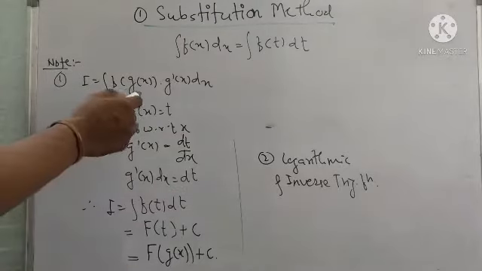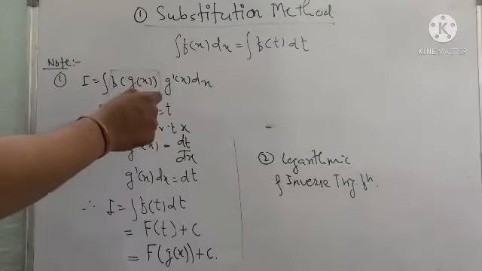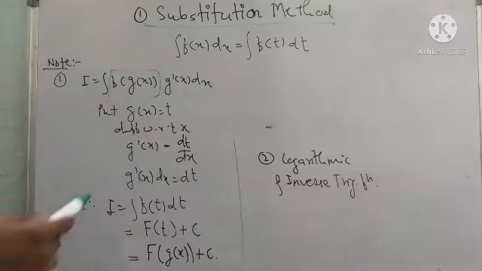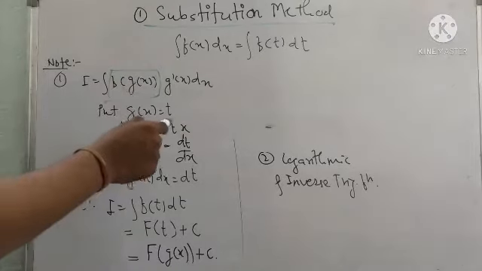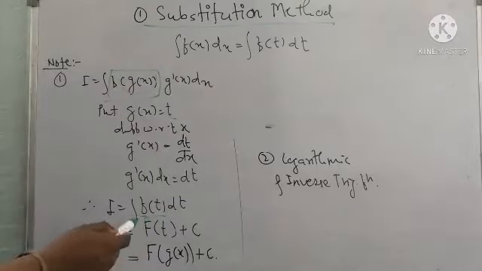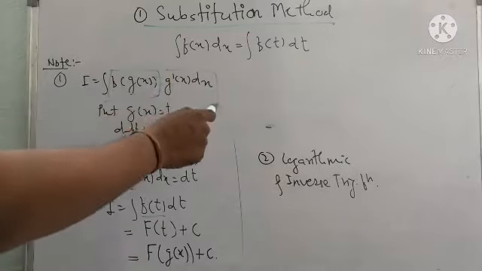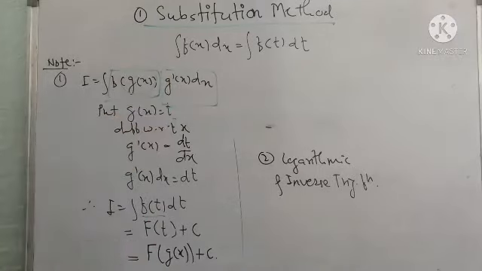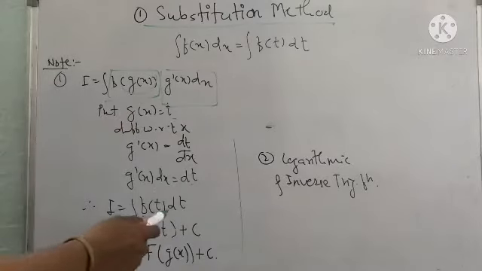Now in this integration, in which f of g of x is a composite term, g of x is replaced by t, so it becomes f of t. And now observe, g dash x dx, this derivative operator is replaced by dt, so we get the integration of f of t into dt.